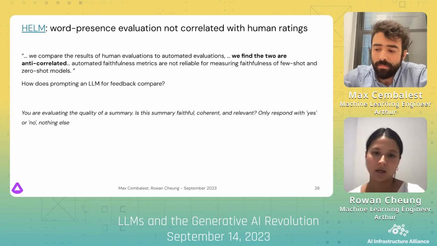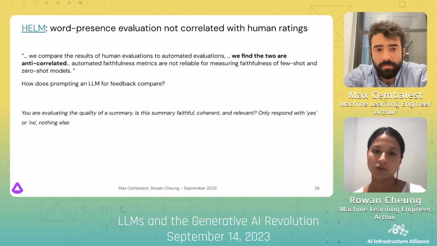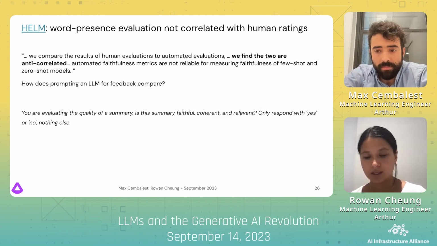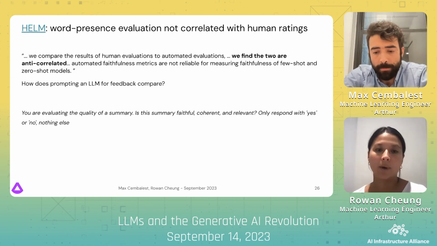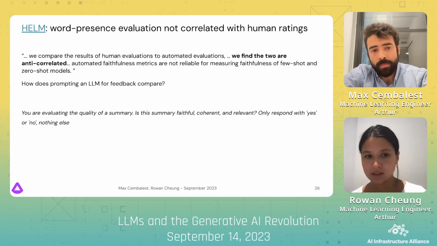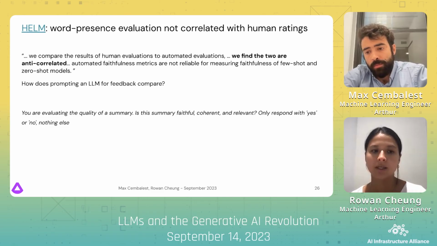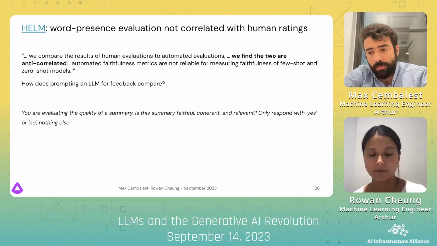So they asked humans to rate model-generated summaries on faithfulness, coherence, and relevance. And importantly, they also find that some of the automated summarization metrics that they were using for the benchmark, such as Rouge, which is fairly similar to the BLEU score that we covered, are actually anti-correlated with the results of the human ratings.